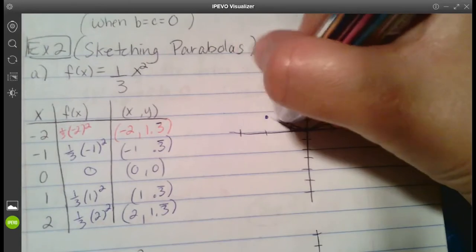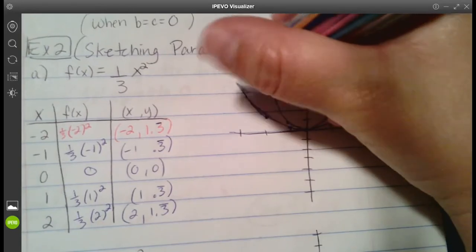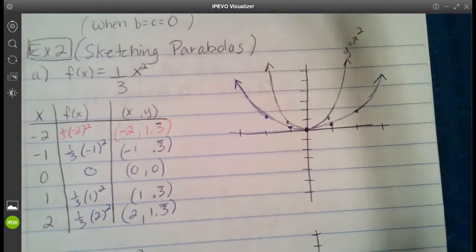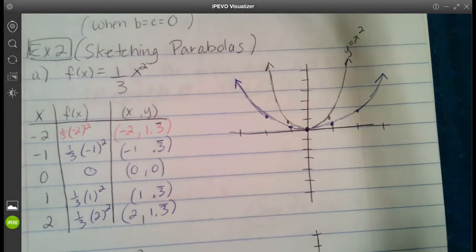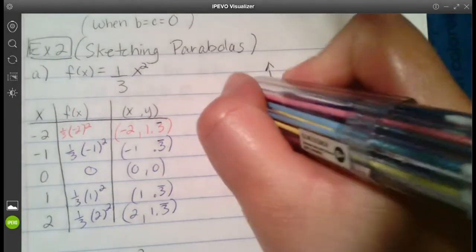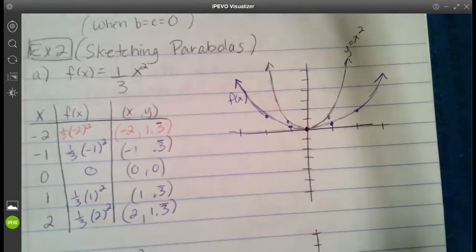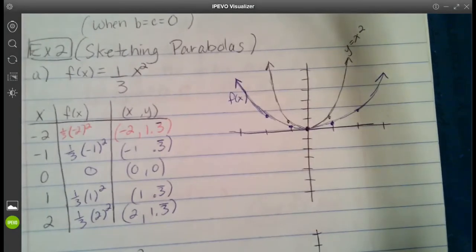And if you remember our previous chapter, we did go over something called transformations. We can see that our new graph, which is f of x right here, is a lot wider than the original, which makes sense because this is in fact a vertical shrink compared to our OG.